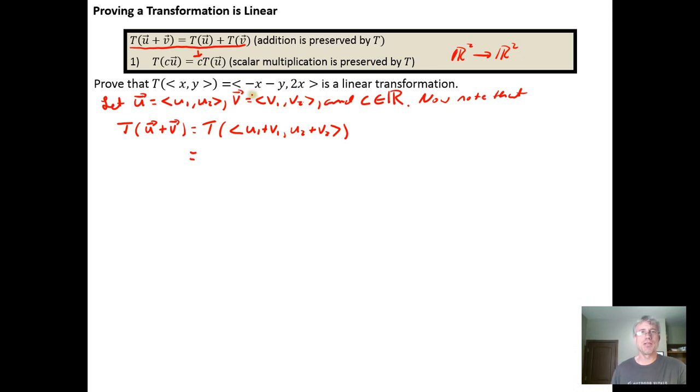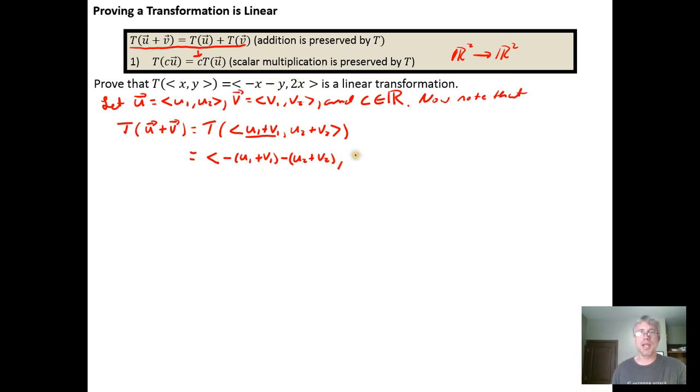The transformation says create a vector by negating the x coordinate, so negate u1 plus v1, minus the y coordinate, which is u2 plus v2. That finishes component 1.